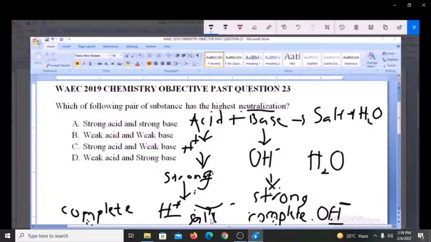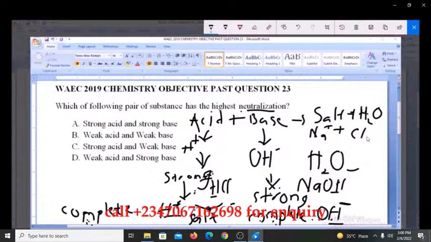So, for example, if you have the strong acid as hydrochloric acid and the strong base as sodium hydroxide, when the hydrogen ion and the hydroxyl ion are liberated and water is formed, the sodium ion, which is the remaining part of the base, reacts with the chloride ion to give sodium chloride, which is a salt.